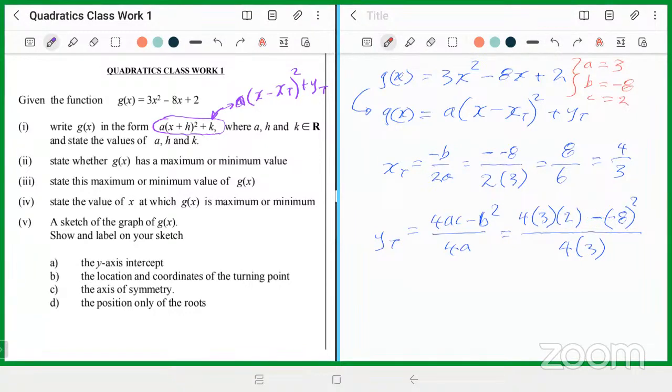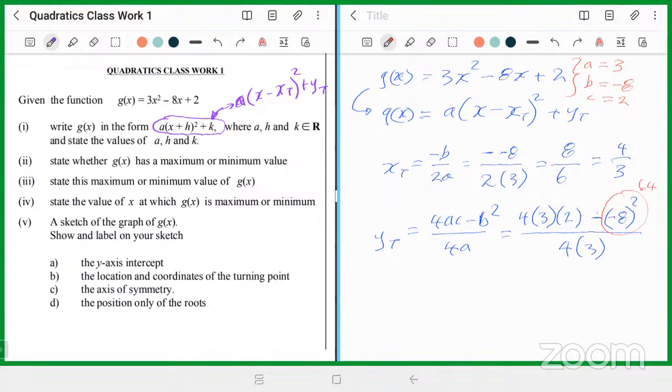The minus inside here beside the b is under the square, so you're really squaring this -8. And if you square -8, it will become a positive number, because -8 squared really means -8 multiplied by -8. So this is going to become a positive 64. But this minus is not changed because it is not squaring.